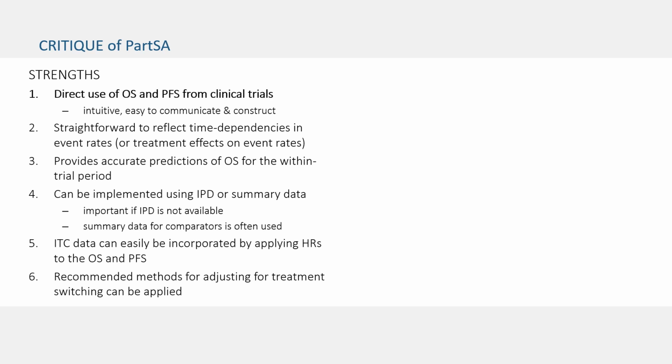Indirect treatment comparison data can easily be incorporated, and you would do this by applying hazard ratios to the overall survival and progression-free survival curves. Another strength is that there are recommended methods for adjusting for treatment switching which can be applied.